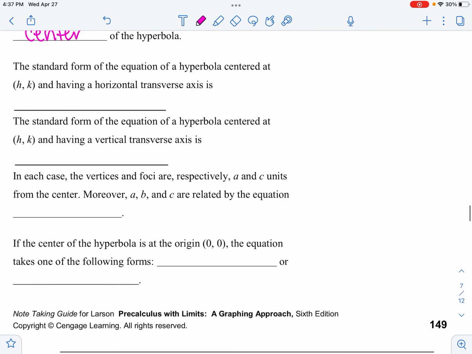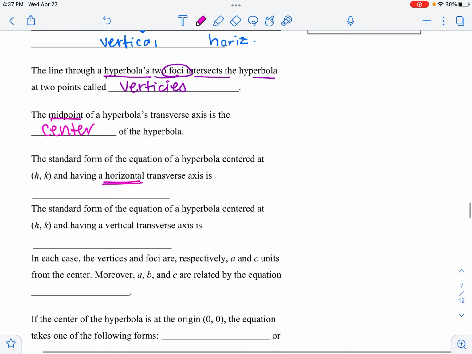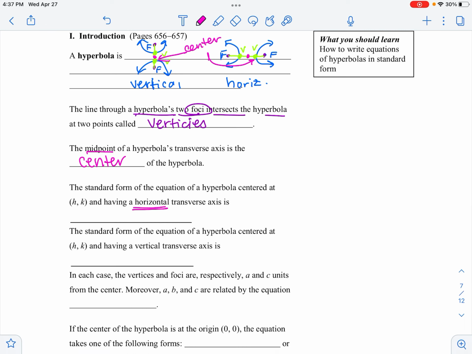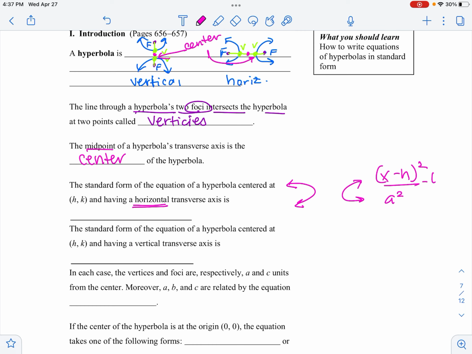And the standard form of the equation of a horizontal transverse axis, which means it's also a horizontal hyperbola, is going to look like x minus h squared all over a squared minus y minus k squared all over b squared equals 1.